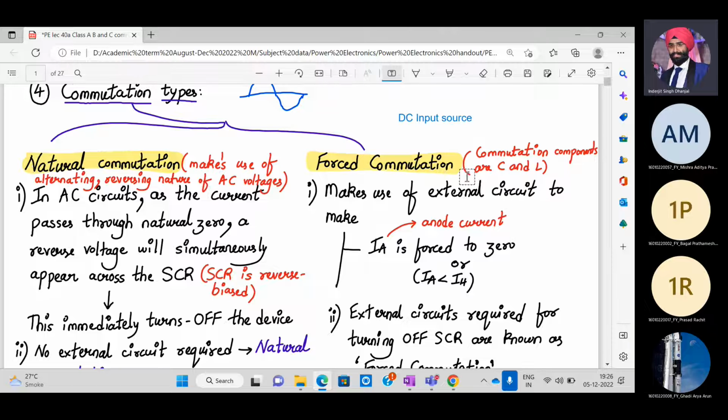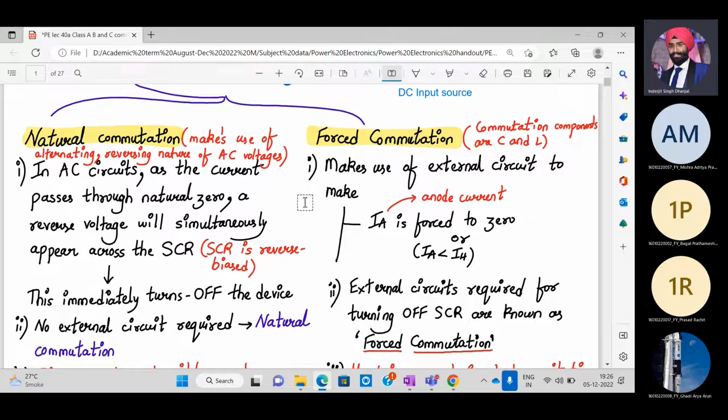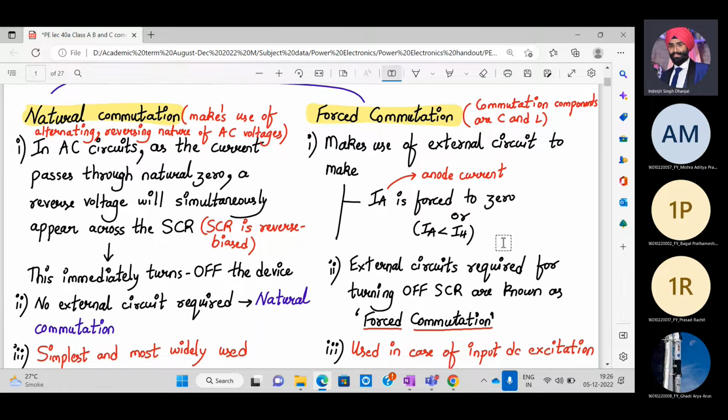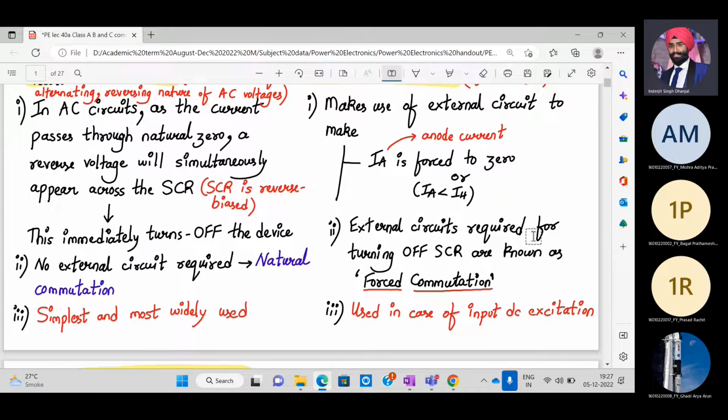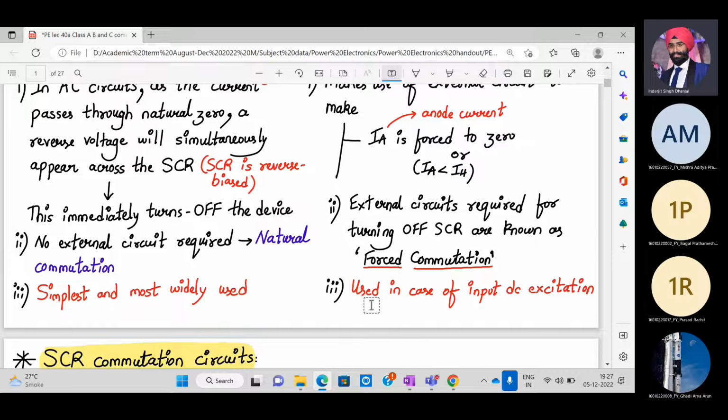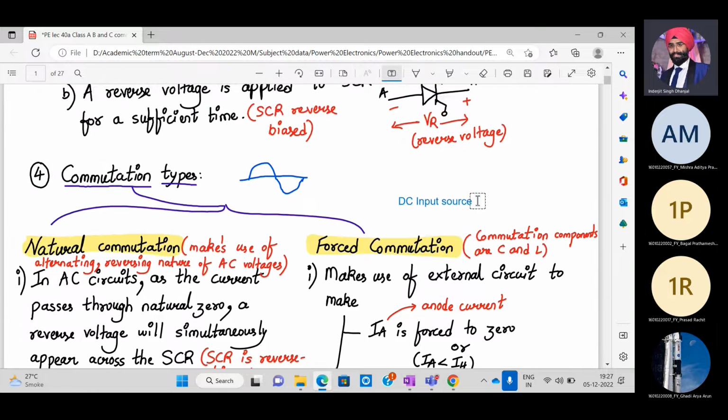In forced commutation, you're forcing the SCR to turn off, and most often the commutation components are L and C. Forced commutation makes use of an external circuit to force the anode current towards zero, or to make the anode current less than the holding current. This external circuit required for turning off an SCR is known as forced commutation, and it is used whenever the input is DC excitation. That means at the input we have a DC source.